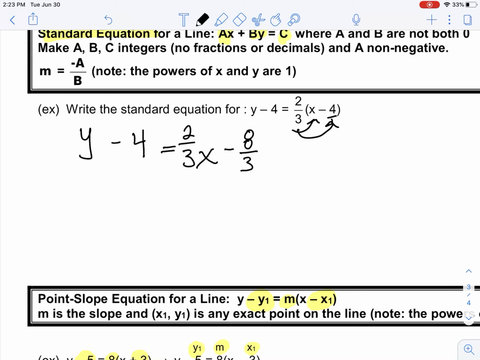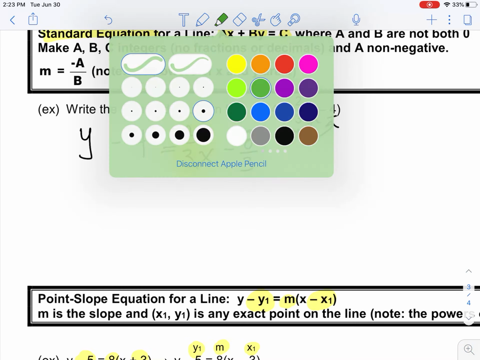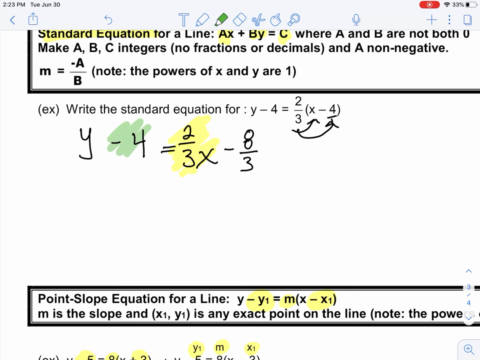So we want to get the ax on the left side. So here is your ax, and this is your constant. We want that by itself. Okay. So I'm going to go ahead and move my ax to the left side by subtracting the entire term.